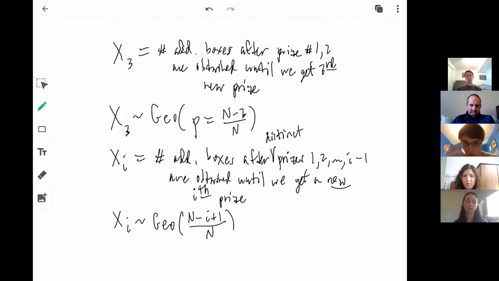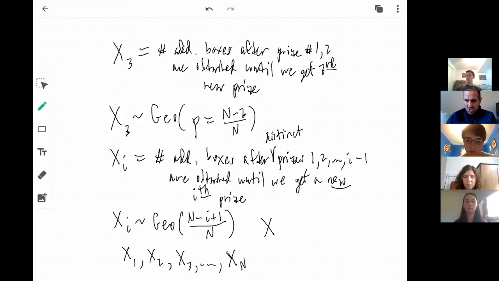Okay. And so I have these random variables. I have x1, x2, x3, ... I think I even have x capital N, yes? And what's the relationship between x and these x's? Right, remember x was the total number of boxes. What's the relationship between x and these other things?